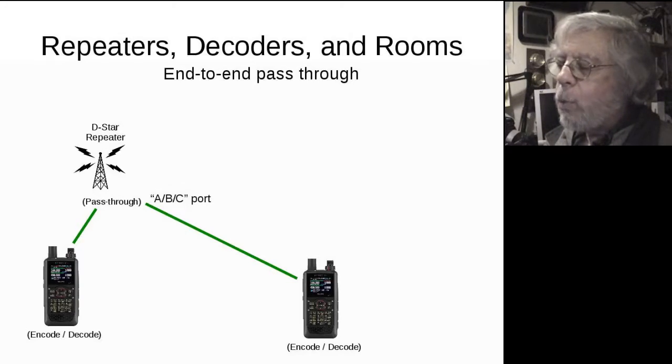There's no port in that repeater where you can extract the audio and feed it into something else. There's no analog hole, if you will, borrowing from the music industry. The way you send traffic from one place to the other is you designate that ABC port on the side. That goes from radio to radio, and out it comes.